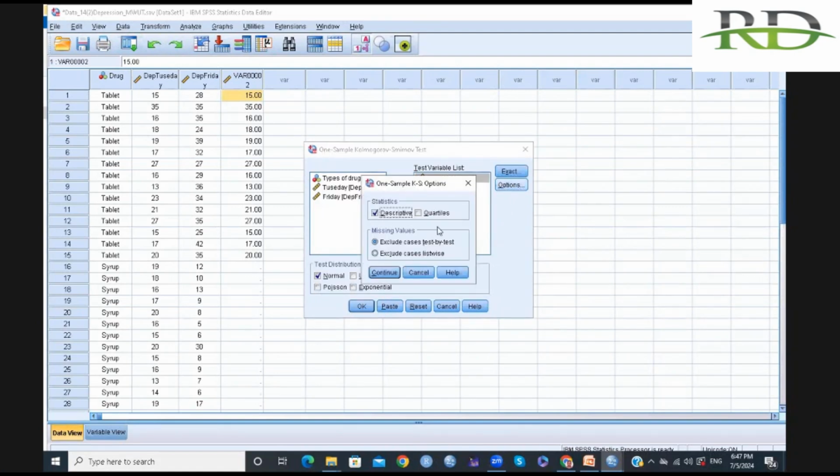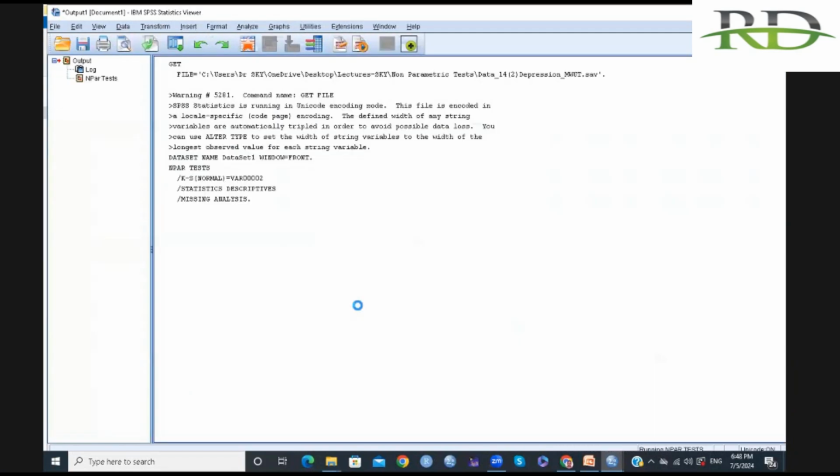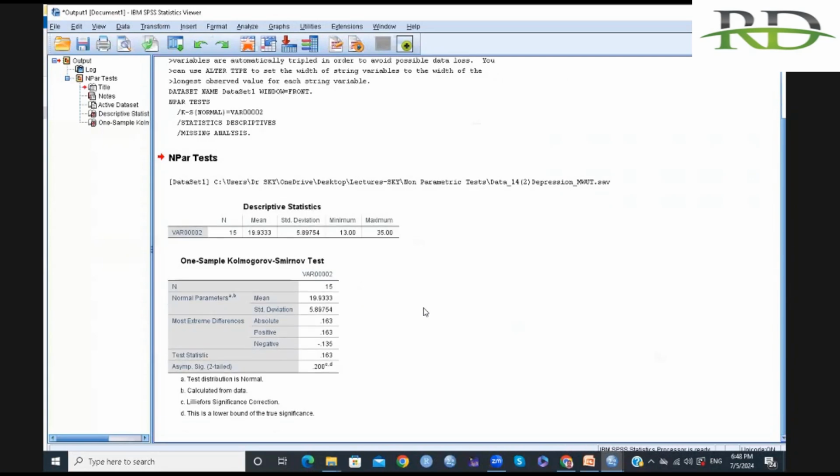We wish descriptive, and if you wish quartiles as well, you can tick there. Which distribution you wish to fit: only four distributions are given here, so you can fit all four. But suppose we are just fitting the normal distribution only, then you can go for this one.